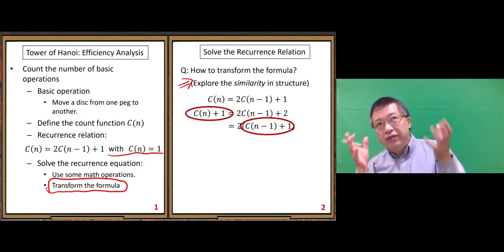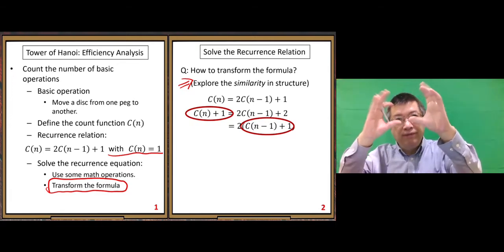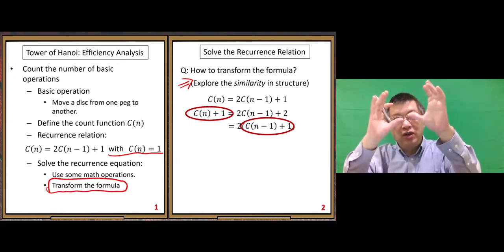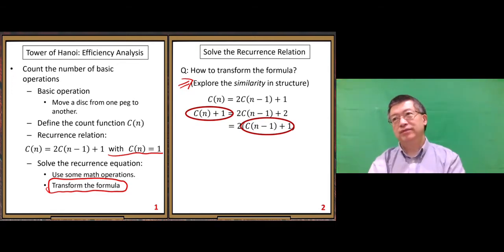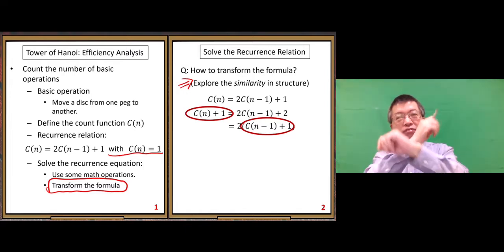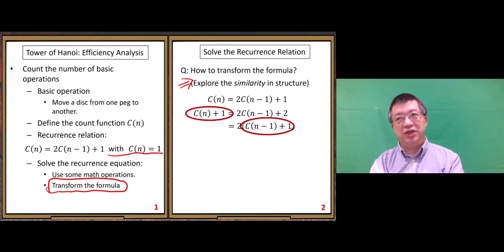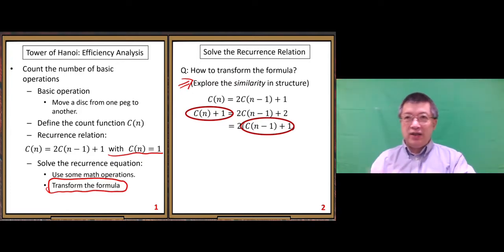Can we treat this whole block as one particular structure block? Yes, we can treat that as one specific structure object.